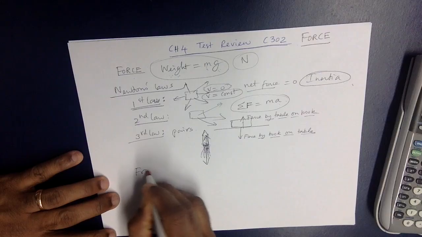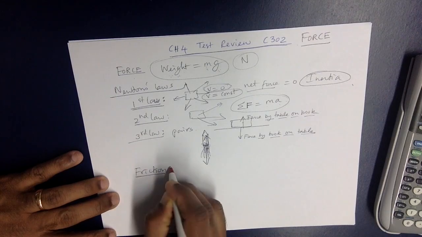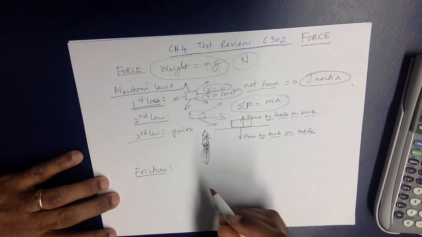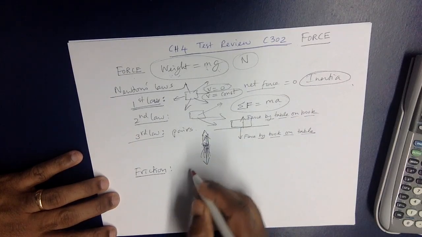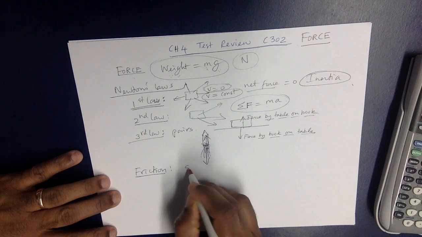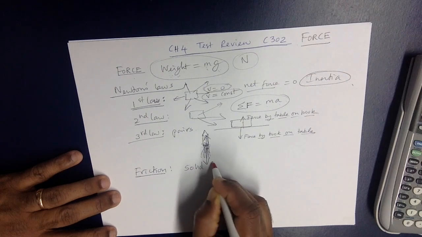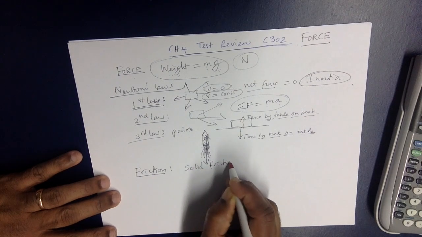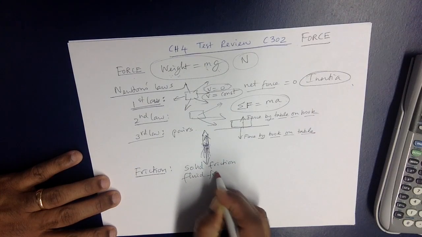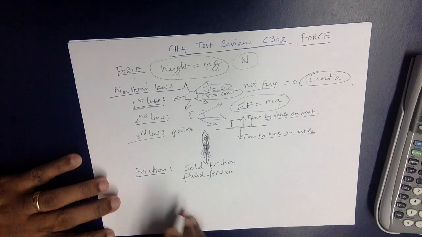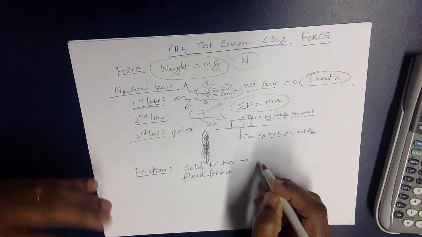Coming to friction. Friction is a special force where it's going to be everywhere. There are two kinds: you have solid friction and you have fluid friction. Now, solid friction depends on what factors?